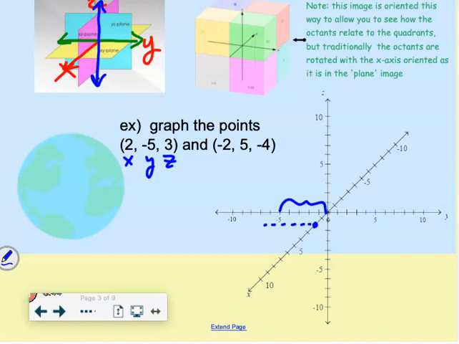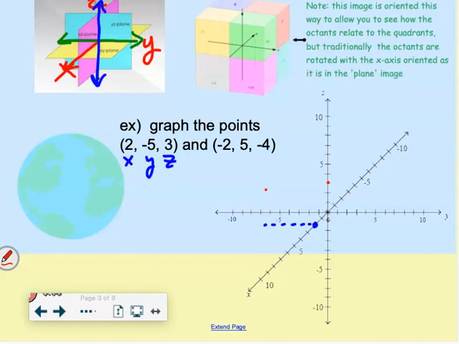Okay, so there's our 2 on the X, there's our -5 in the Y direction, and now we have to go up 3 in the Z direction. Well, Z equals 3, that's here. So we need to go up this distance, but from this spot. So we're going about there, maybe a little bit less.